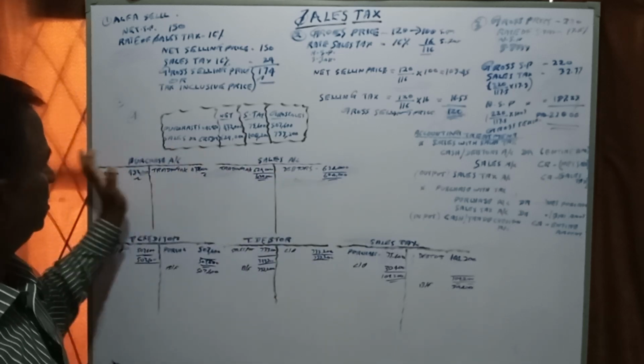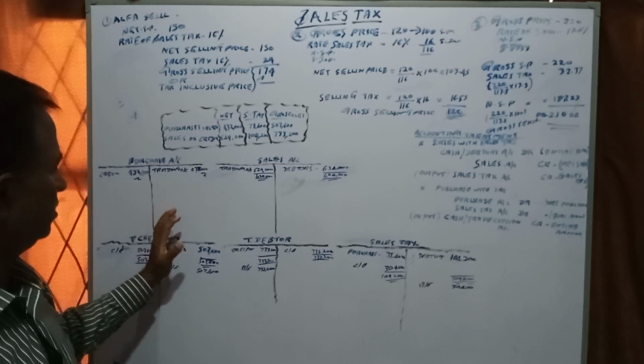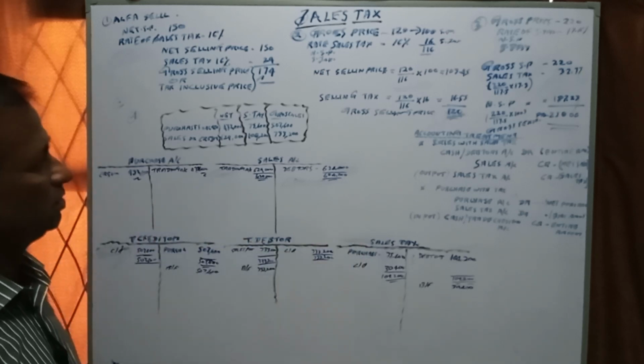We have presented the ledger accounts: purchase account, sales account, trade creditor, trade debtor, sales tax.